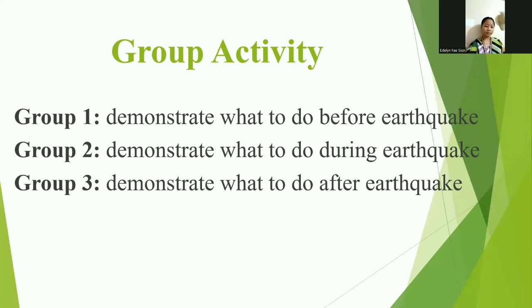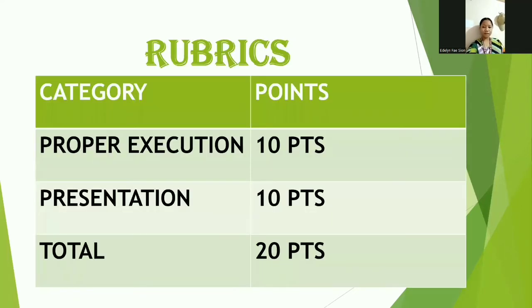So, this is the rubrics. In category, proper execution, 10 points. Presentation, 10 points. And the total is 20 points. I'll give you 20 minutes to discuss your strategy and demonstrate your activity.